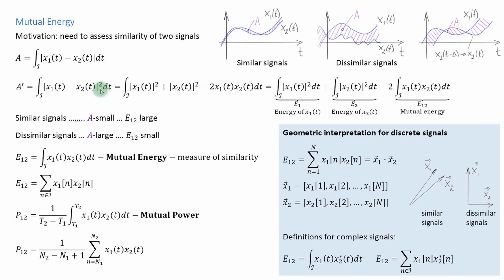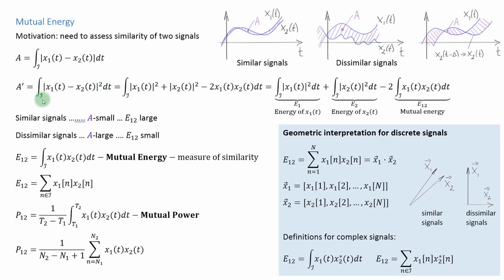But as a measure of similarity, this expression is not going to be that much different from this one. If these two signals are similar, then we are going to have small values here, and the entire value of this integral is going to be small. And if these signals are dissimilar, then this difference is going to be big, and the value of this integral is also going to be big.